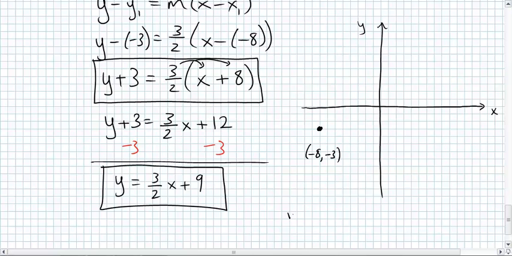And I know my slope should be 3/2, which means I should rise 3 and run 2. So I'm going to rise 3 and run 2. When I go up 3 and across 2, then I get my next point. I can continue that process, up 3, over 2, and it'll give me all the points that are on the line. And if I connect the dots, then that gives me the line.